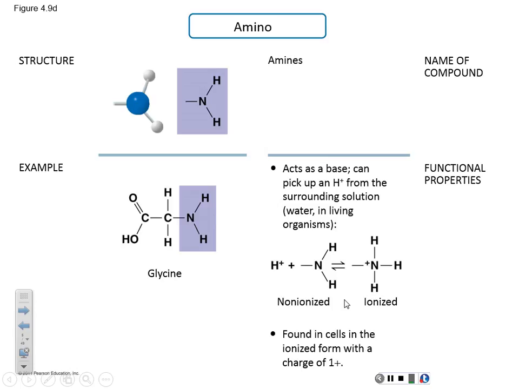When you have this nitrogen with its two hydrogens dangling off of a carbon chain, we call those kinds of molecules amines. And you can see that just like with the carboxyl groups, there's a tendency to surrender that hydrogen. The amine groups have a tendency to pick up free hydrogens and in turn get a positive charge that tends to be localized on that nitrogen.